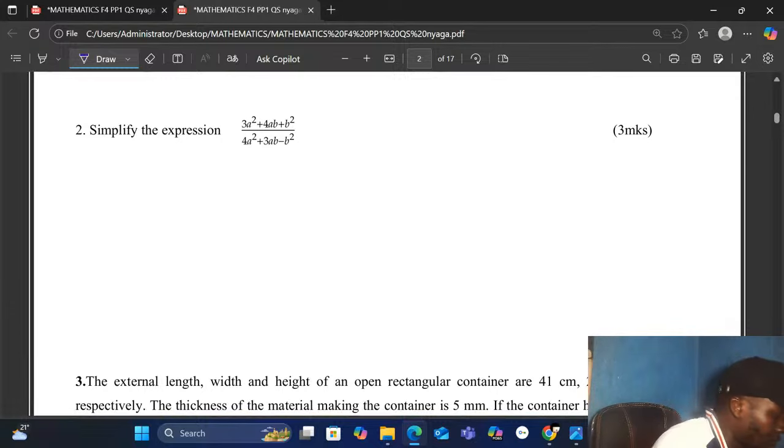We start by looking at the numerator. We solve the numerator first, and then we move to the denominator. Our numerator is 3a squared plus 4ab plus b squared.